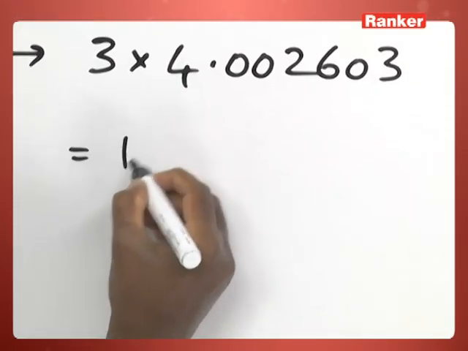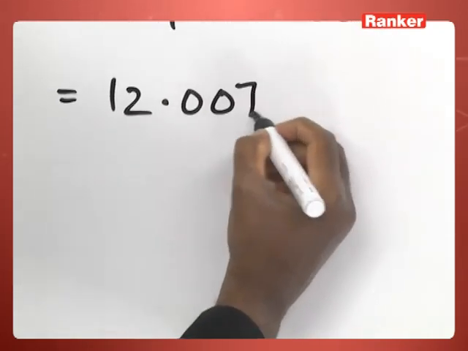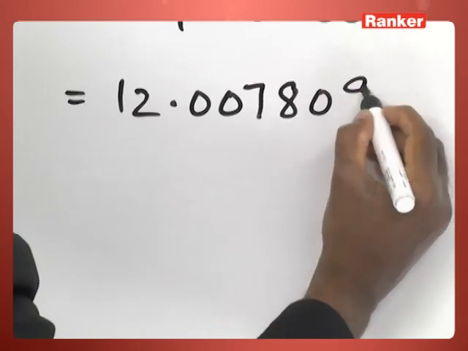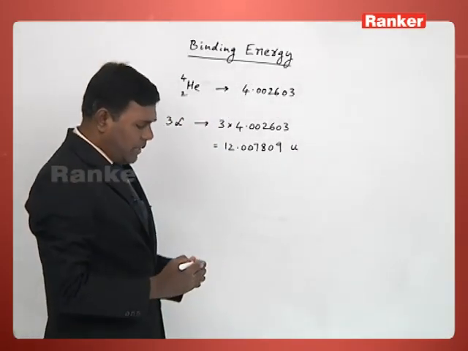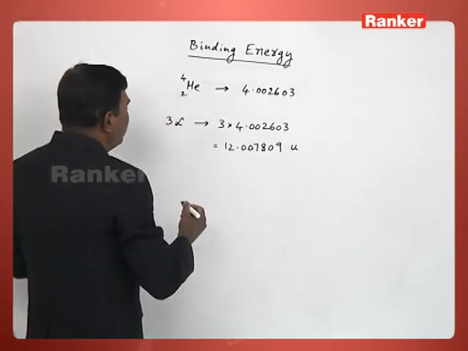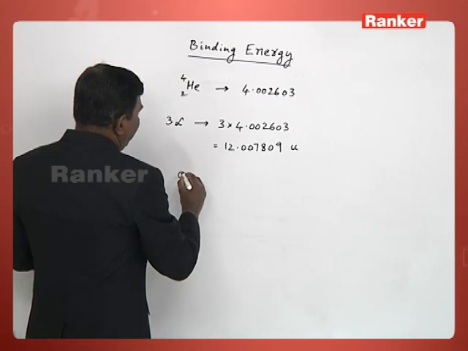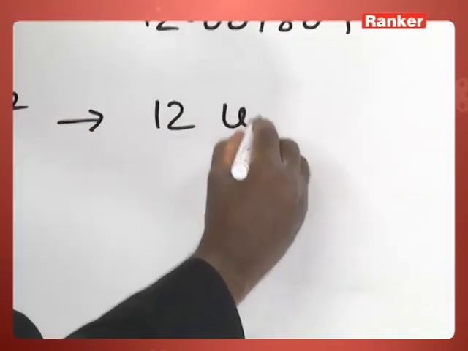That will give you 12.007809 AMU. Right? That is the mass of 3 alpha particles. Next, the mass of C12 atom is 12 AMU.